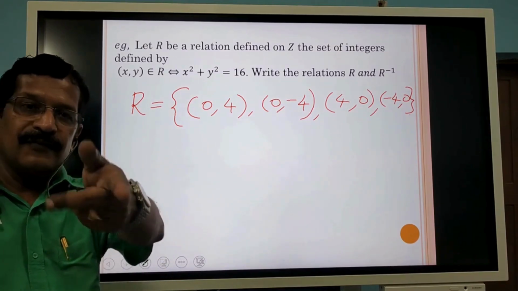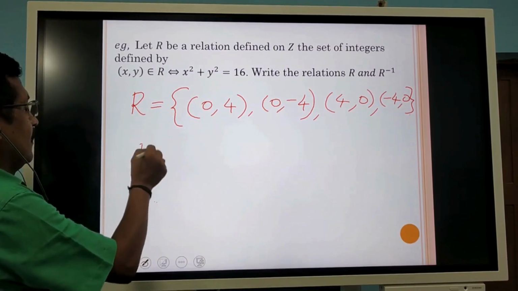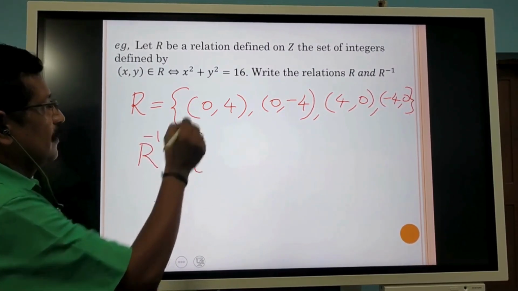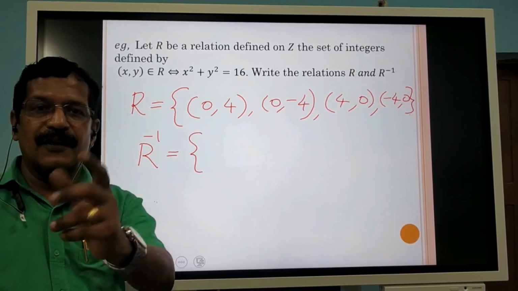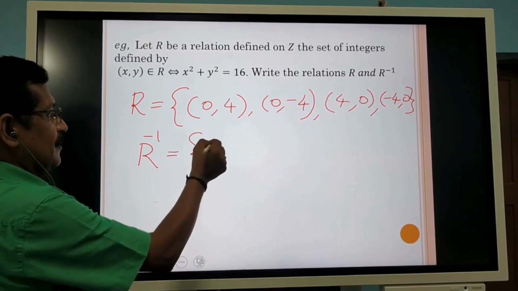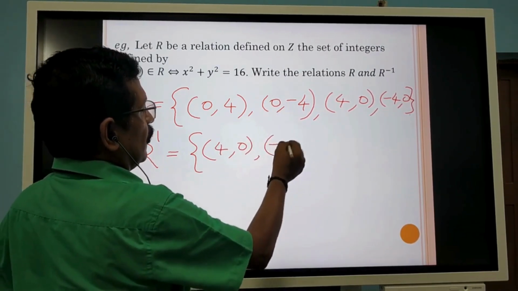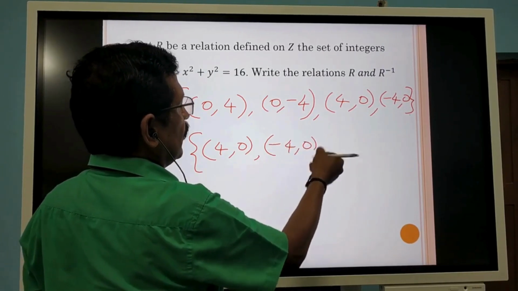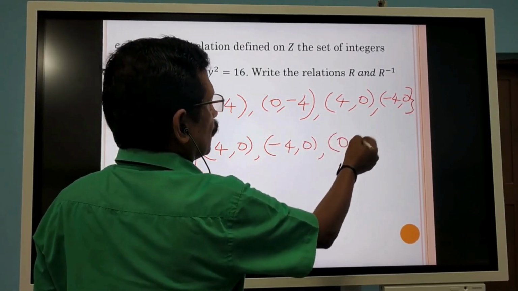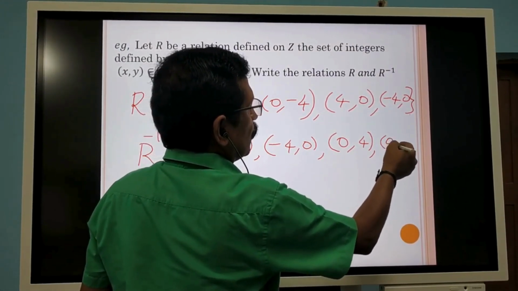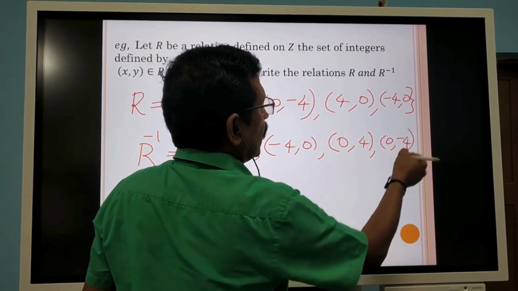Now, we have to write R inverse. R inverse is equal to, just reverse the ordered pairs. So, here it becomes (4, 0) and this becomes (minus 4, 0), and here it becomes (0, 4) and this becomes (0, minus 4).